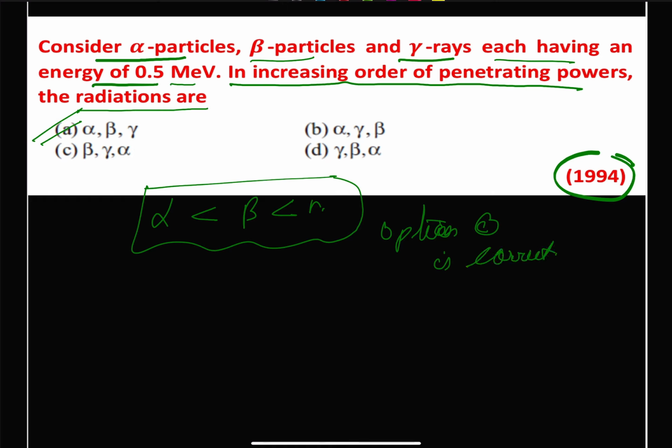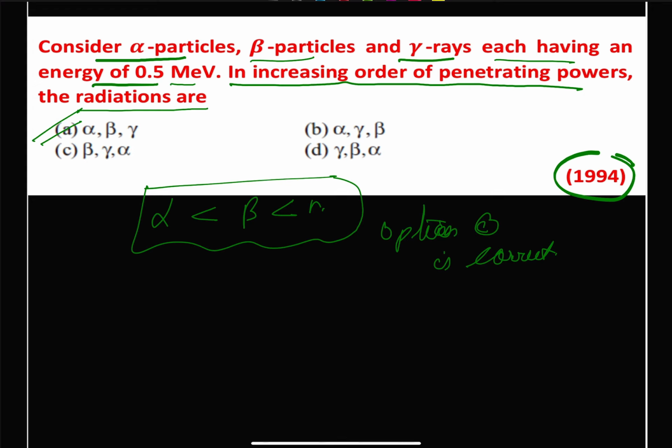And basically if we want to draw the discussion on this, we can say that our alpha is the heaviest particle and it is highly ionizing, so that's why it's the least penetrating.